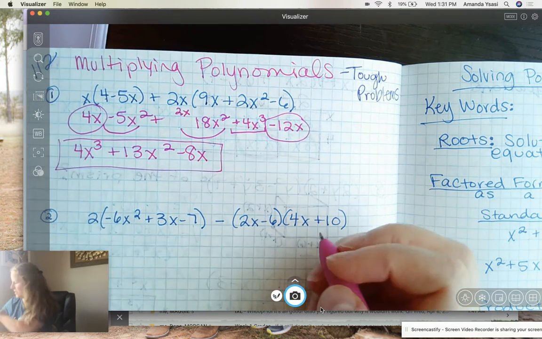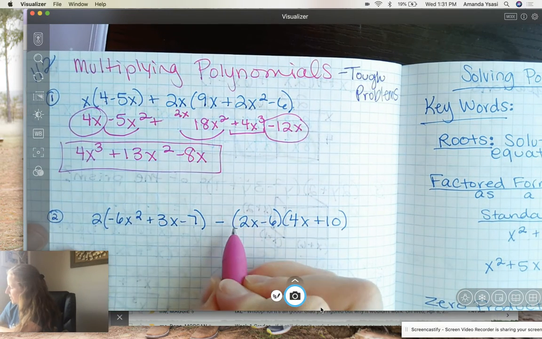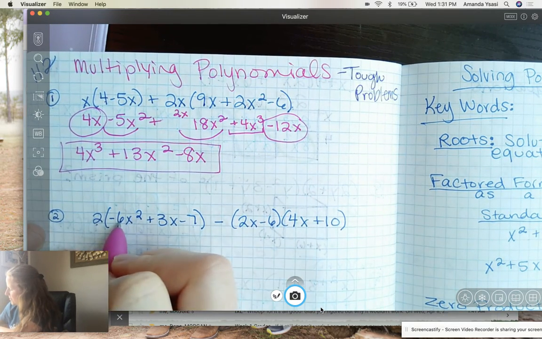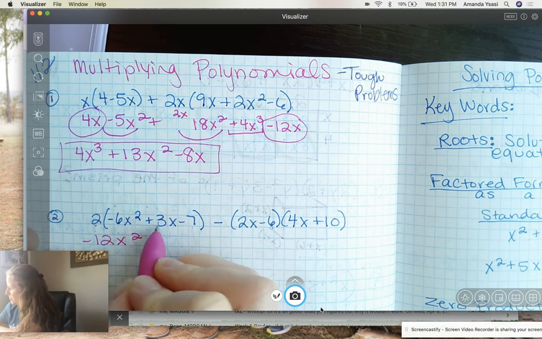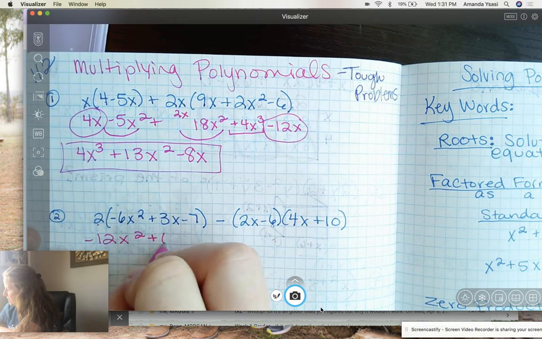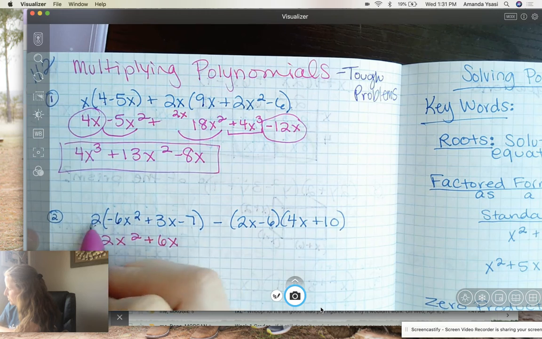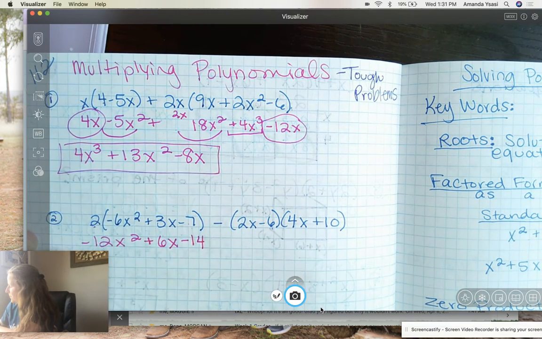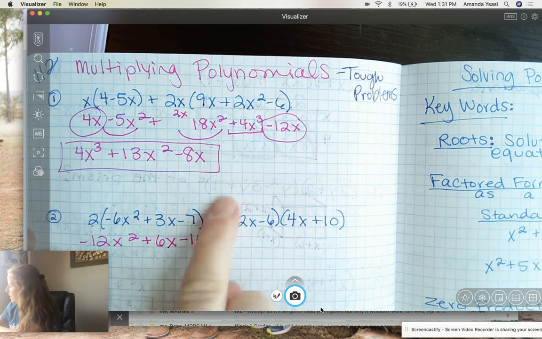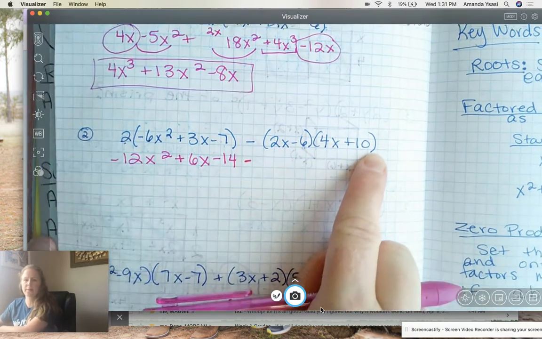All right, let's go to this next one. 2 times everything inside. So 2 times negative 6 is negative 12x squared. 2 times 3 is 6x. 2 times negative 7 is negative 14. And then minus, I'm going to have to do this separately. So I'm going to make a box over here.